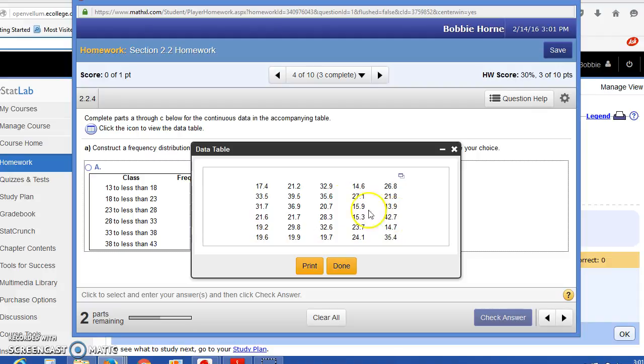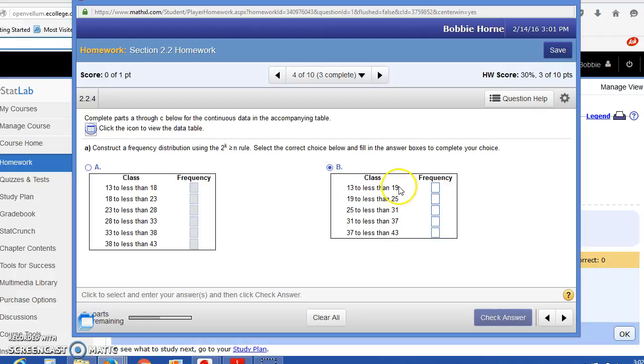And our maximum value looks to be 42.7. So I will write that number down. So I want to do 42.7 minus 13.9 divided by 5. And I get 5.76, which means our class width is 6.